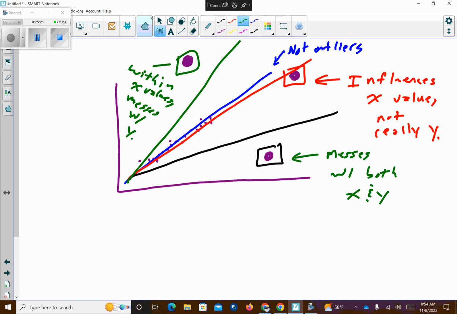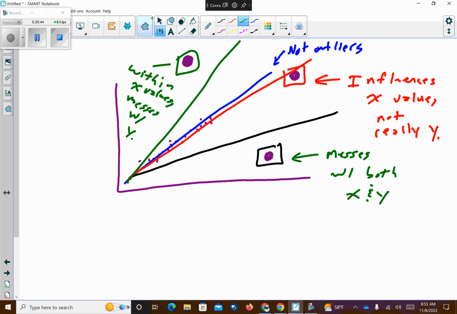So in this case, we should remove the entire cluster of outliers to see if there is a good reason to remove them. In conclusion, outliers have the potential to do several things. 1, they diminish the strength of the linear relationship, so it's going to goof up our R value. 2, increase the strength of the relationship.